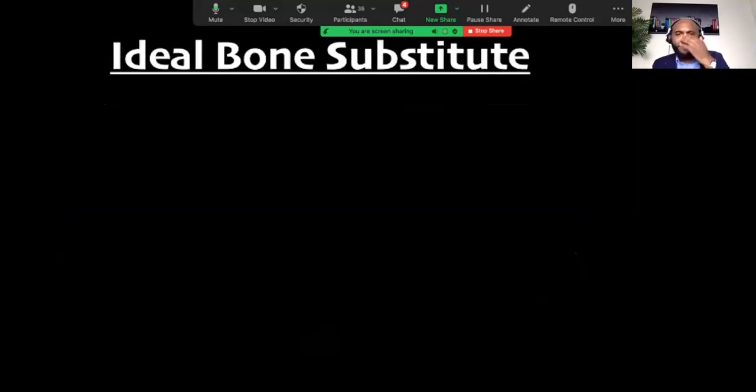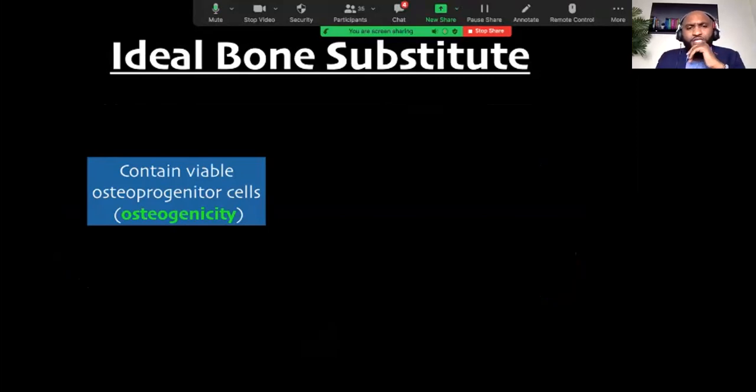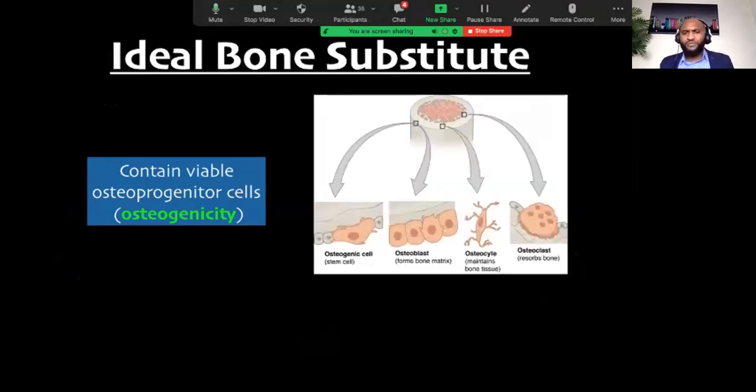Now, ideally, a good bone substitute material should contain some viable osteoblasts, and that is what we call osteogenicity. We all know osteoblasts are the main cells involved in laying of new bone.